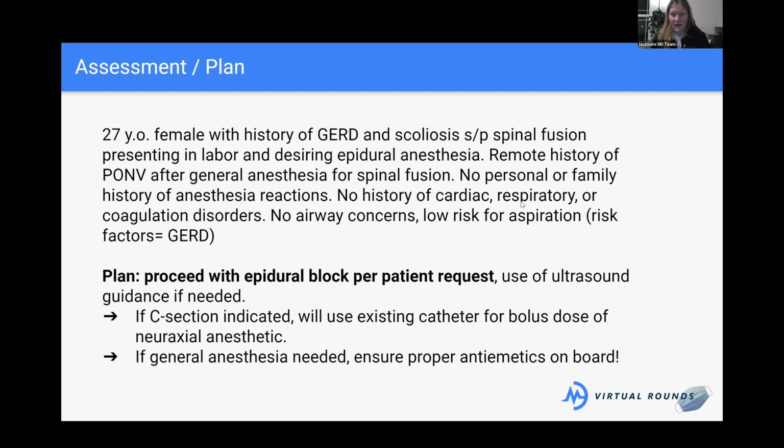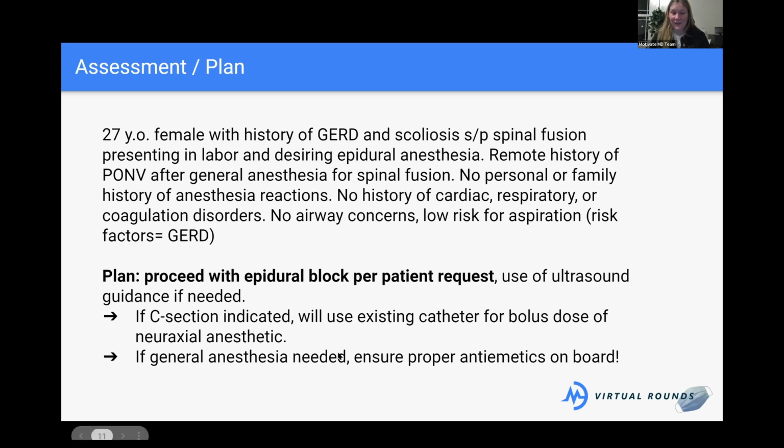But we can also try without that at first if we see that it can be done based on exam. If a C-section is indicated, then we will plan to use the existing catheter for a bolus dose of the neuraxial anesthetic. I'm going to go through all this in the next couple of slides, so if you have questions, just hang tight with me.